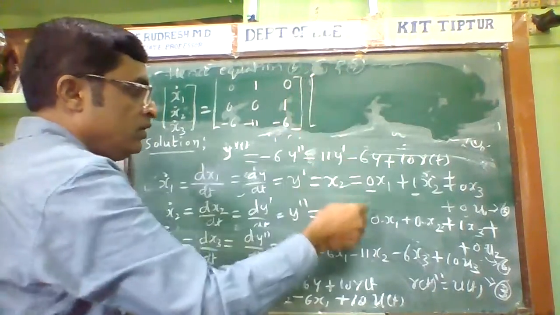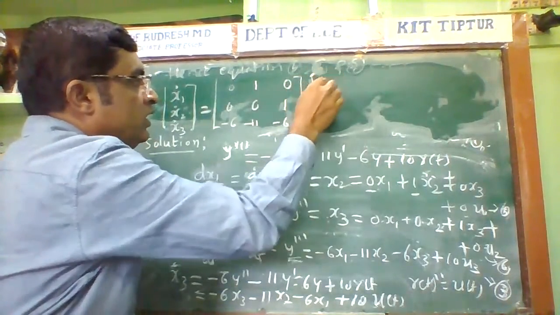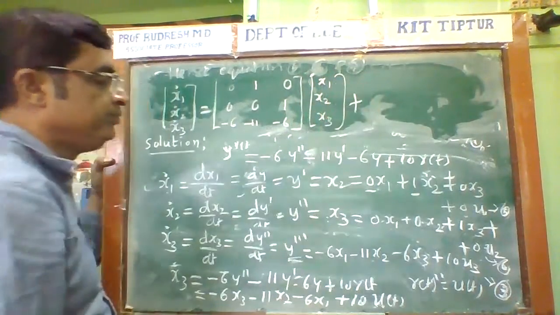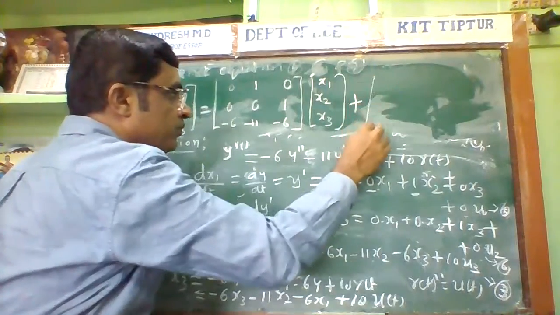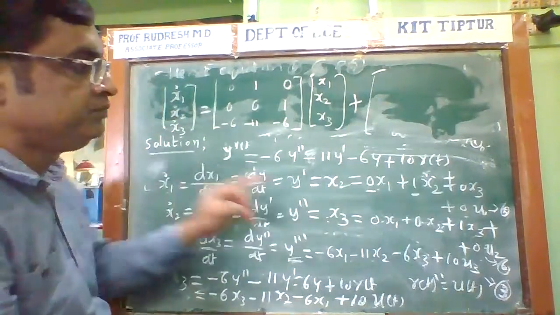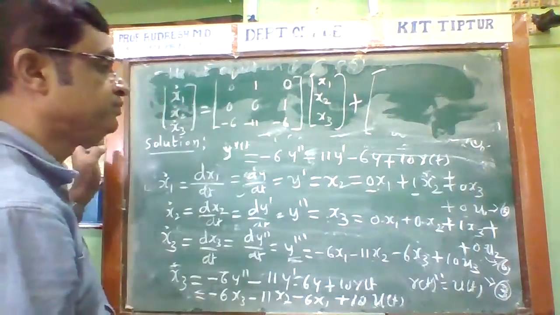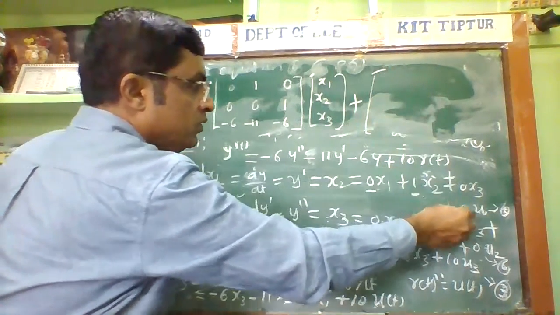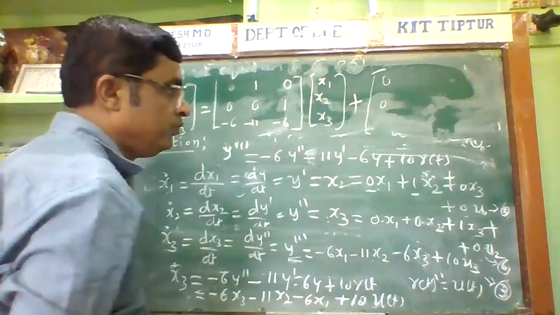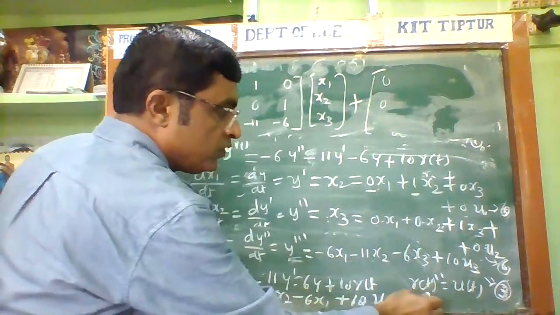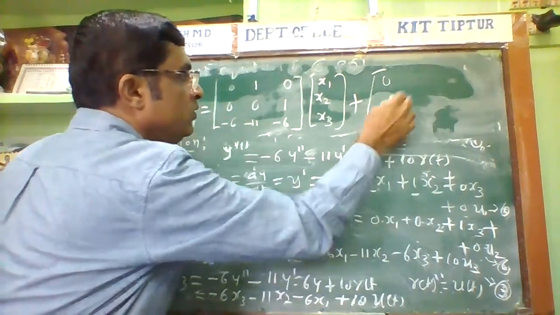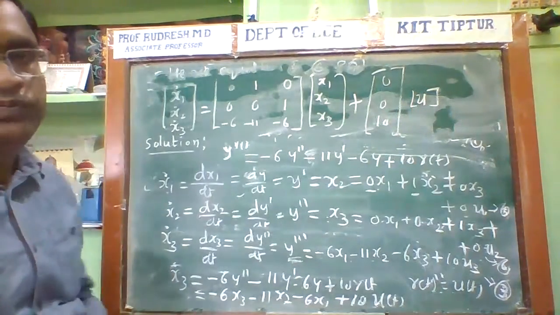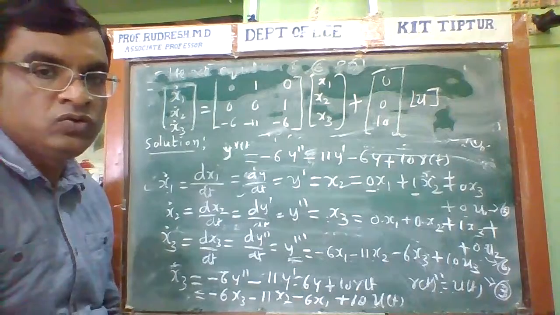Now this can be multiplied by x1, x2, x3, plus the input term. What is the value of this? It is 0, 0, and r of t is equal to 10, so this can be written as u1, u2, u3.